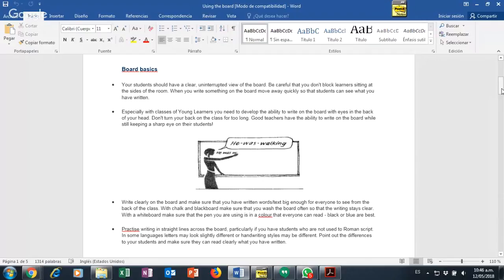Okay, so yes, spelling. Now, the hardest one here, I think, is going to be the writing part. When you become a teacher, they never tell you that you have to take a course on how to write on the blackboard. And then we start writing, giving our back to our students. So we start writing like this.